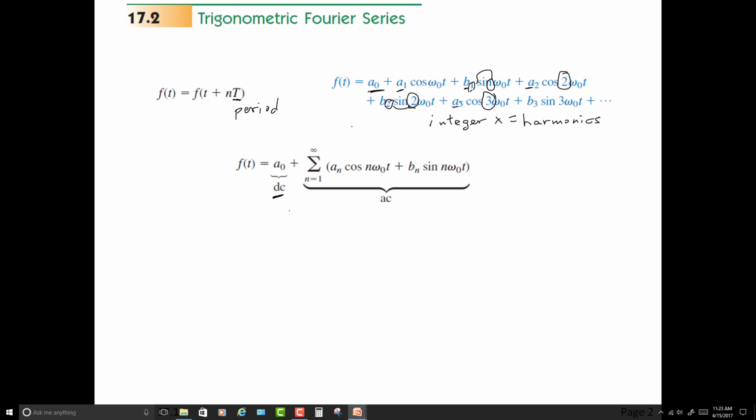So in any waveform that's periodic, got to keep that in mind. It has to be periodic, even if it's strange, and the look of one period is strange. If it's periodic, it can be broken out this way. And then there's this AC portion, which is always composed of either cosines or sines or both.